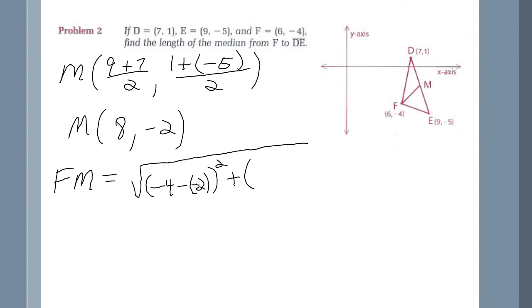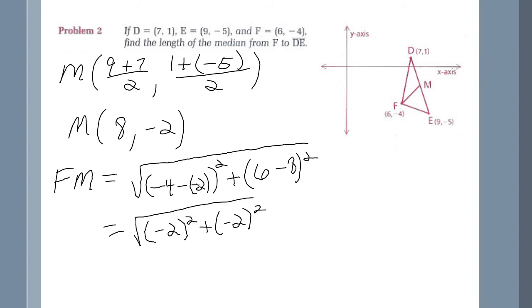I'm going to do my X values now. 6 minus 8. I'm just going to have some fun with it. I'm not even doing it in order. It doesn't matter. So, negative 4 minus negative 2 is negative 2, and I'm going to be squaring that. 6 minus 8 is also negative 2.